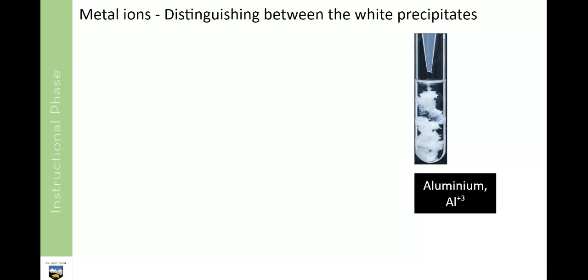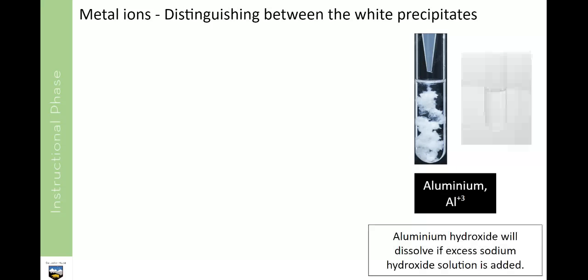So with aluminium, if we had a white precipitate and we added an excess of sodium hydroxide solution, so we added more and more sodium hydroxide solution, eventually, if it dissolves, we know that it's aluminium. And aluminium's ion is Al3+.